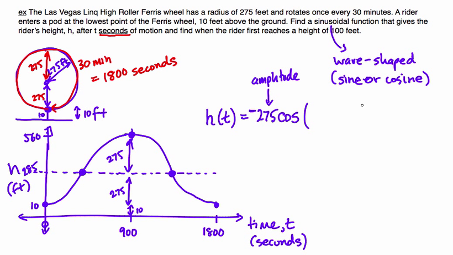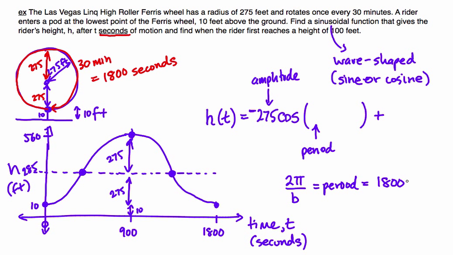Then I need to figure out phase shifts and vertical displacements and what the period is going to be. So let's work with the period next. Normally it's 2 pi over b. That's what the period is. And I know that in this case the period is 1,800 seconds.